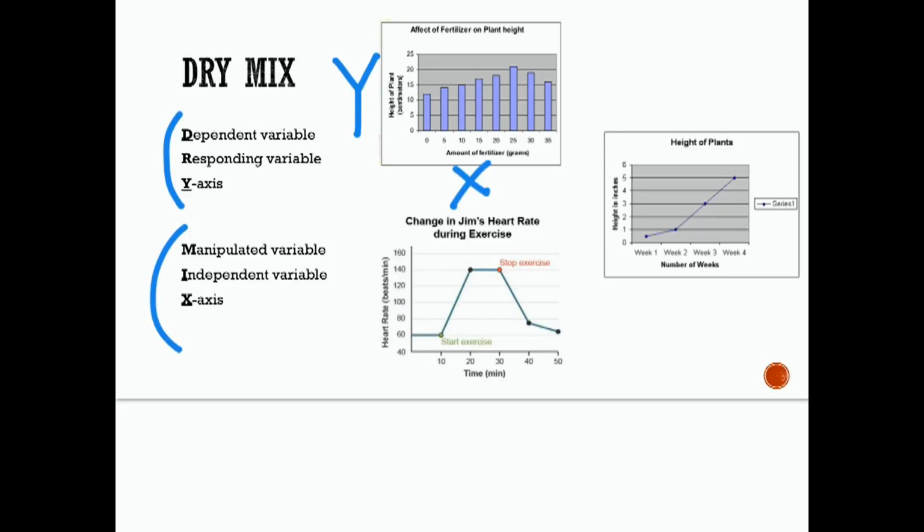Your independent variable is also known as the manipulated variable. It's the one that I manipulated, like I did this, independent variable, and it's always going to go on the x-axis, okay? So the one that I manipulate in an experiment goes on the x-axis.